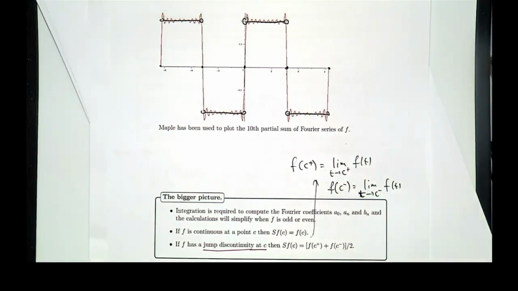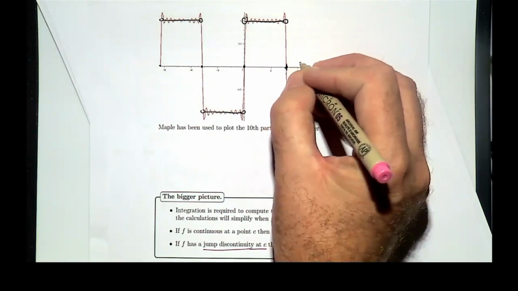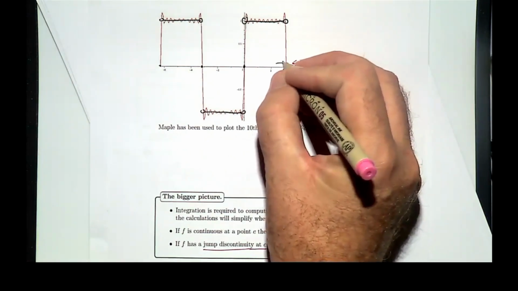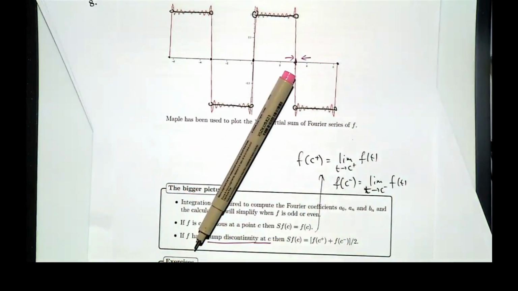Okay, so let's have a look at our picture and see if this makes sense. All right, so let's come in here, and this will be our point, C. As we come in from the left, what value is the black curve, our original function, approaching? 1.